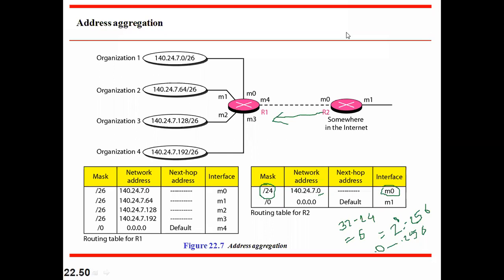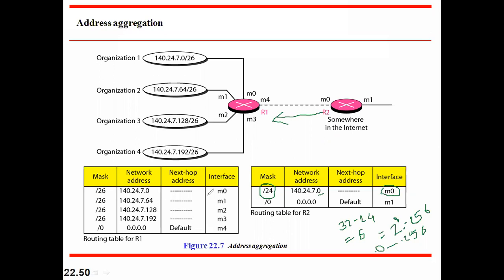Now the packet is received by this router. What will this router do? It will check the IP address and accordingly transfer it to the respective interface. Here you will find all these entries arranged in ascending order: the first is 0, the second is 64, and the third is 128.